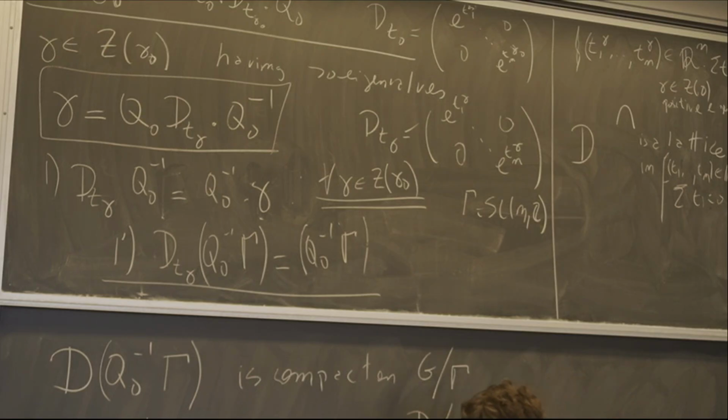Okay. Now, what is the stabilizer? This is all the diagonal elements, D sub t, such that D sub t Q naught inverse times gamma equals this.